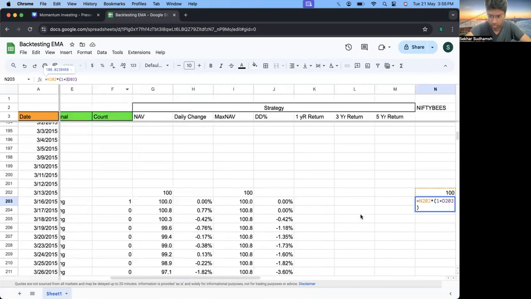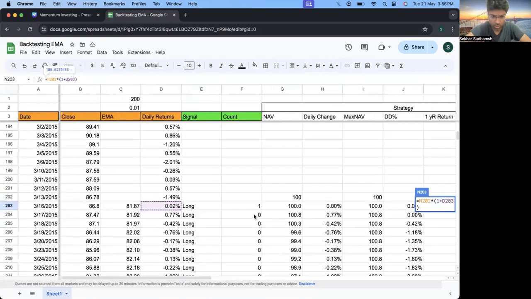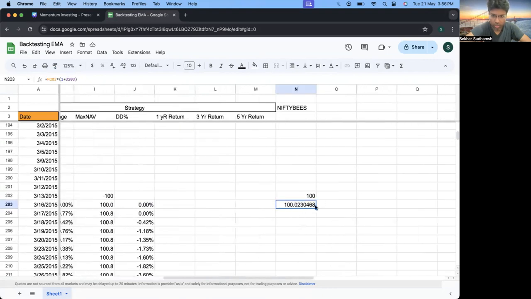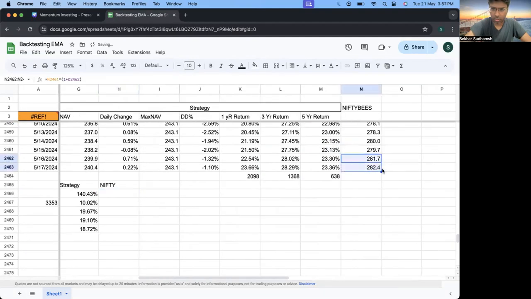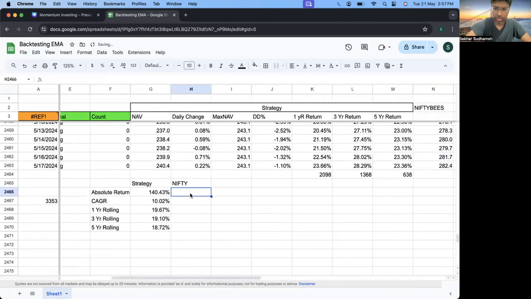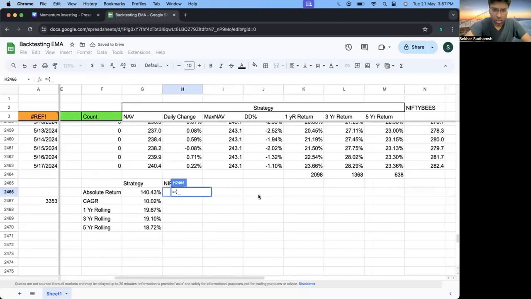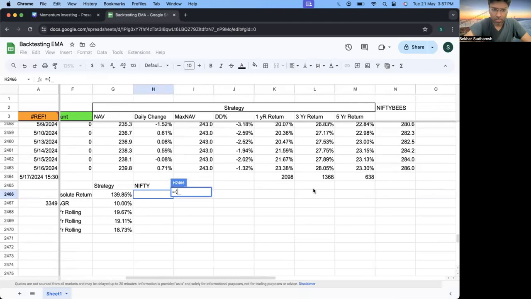Let me cross check that: equal to N202 into 1 plus. Yes, so this is the daily returns. Let me drag that. We're going to compare the Nifty returns, so we're going to compare our returns with this strategy.